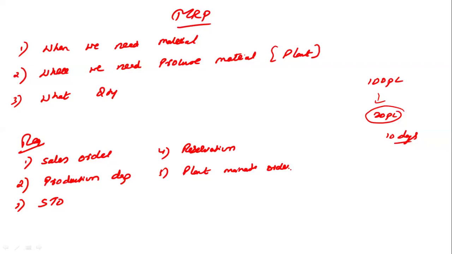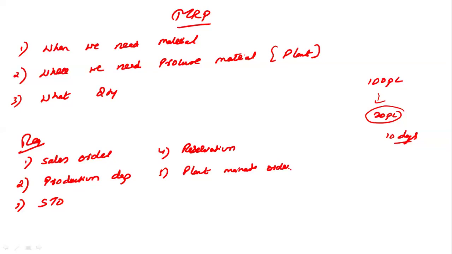This also takes care of the suppliers. Okay, so what comes under supplies? Purchase requisition can be a supply. Purchase order can be a supply. STO can be a supply. A production order can be a supply.